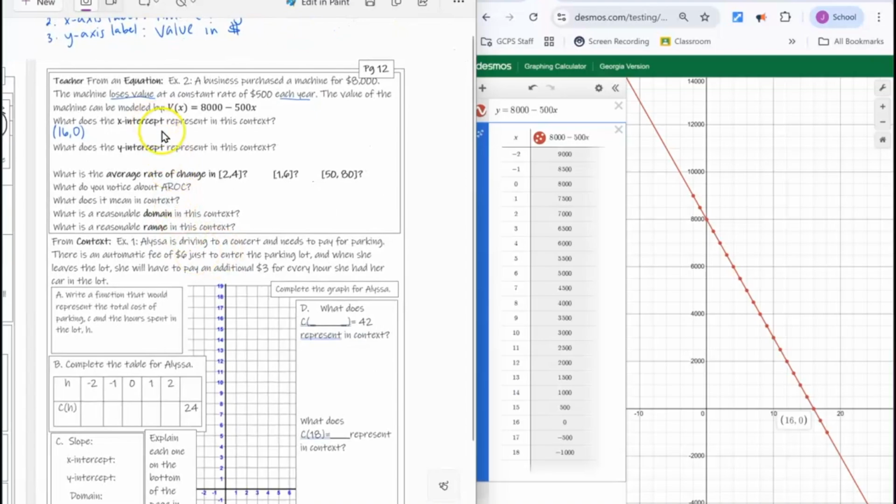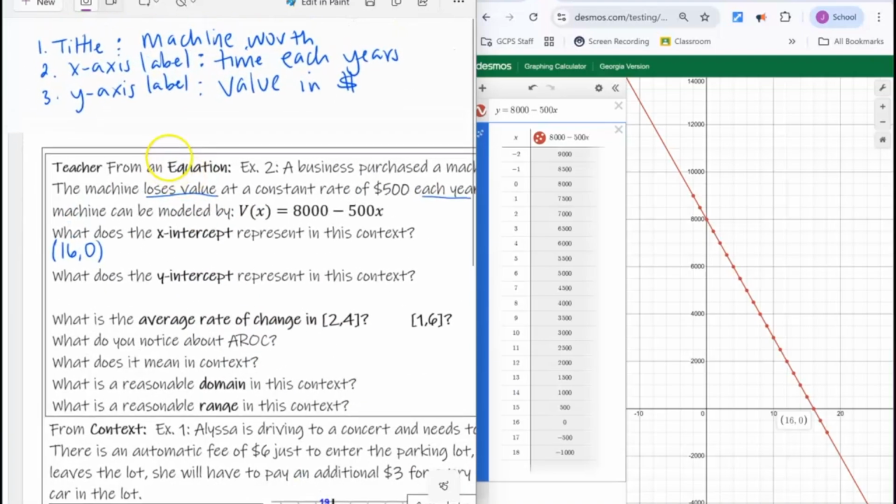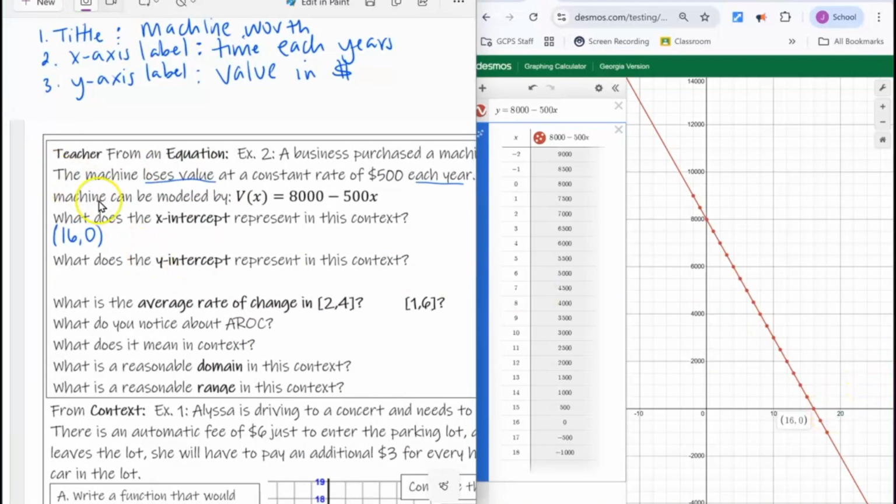All right, so what does this x-axis represent? So when x is 16, y is 0. What does that mean? So think about it. My machine is going down in value. At x, the value of my machine is 0, and then the time is 16 years. So I can put the sentence in any way that I want to as we practice in class. So I'm just going to put it in order.